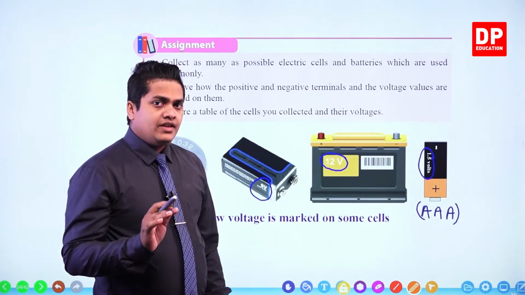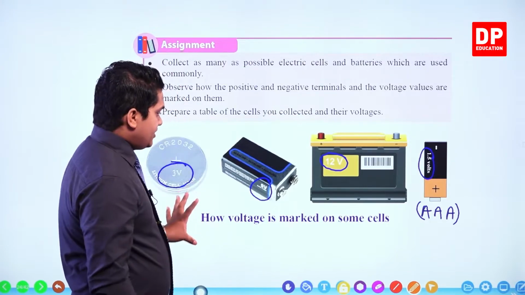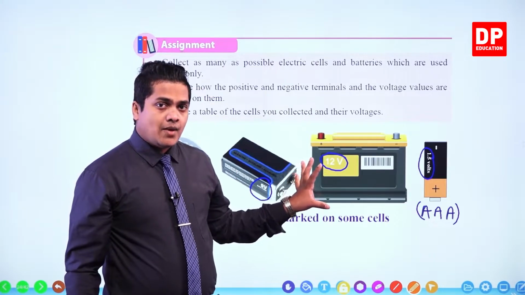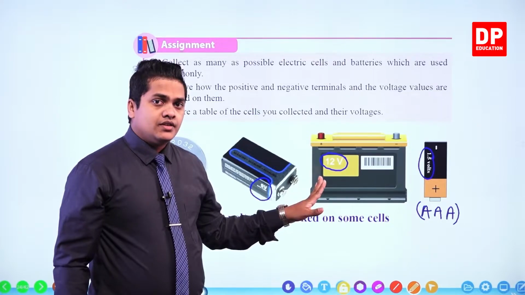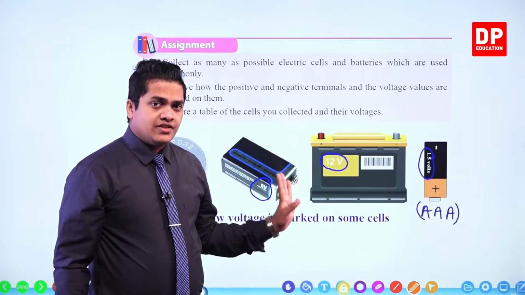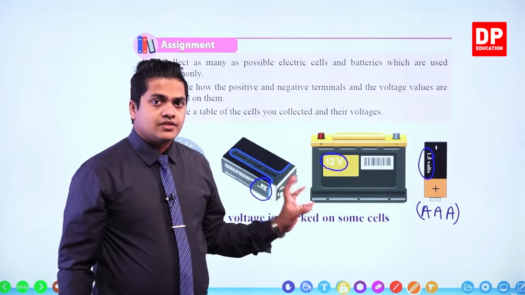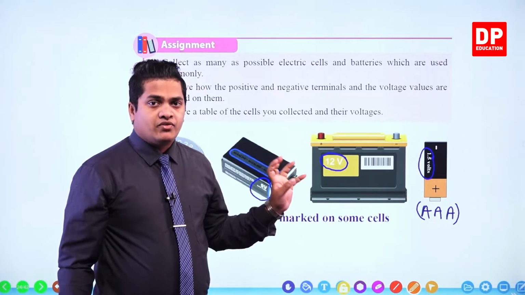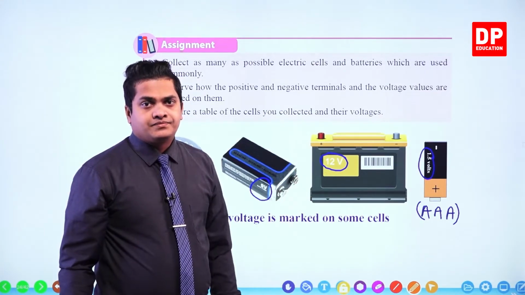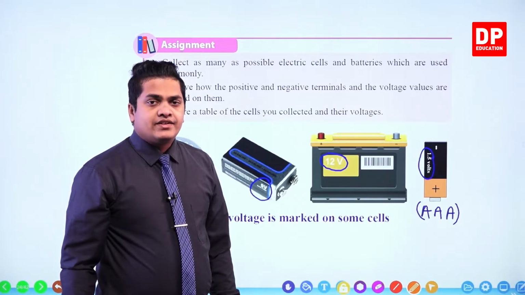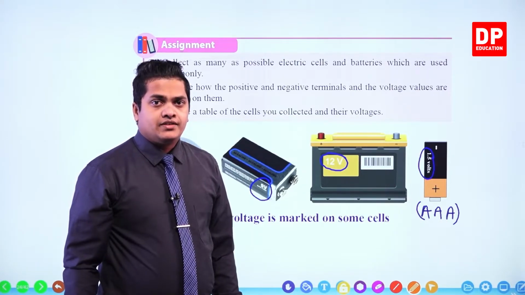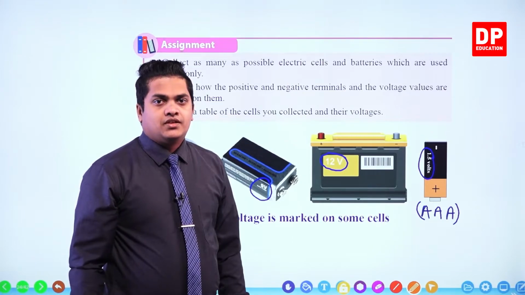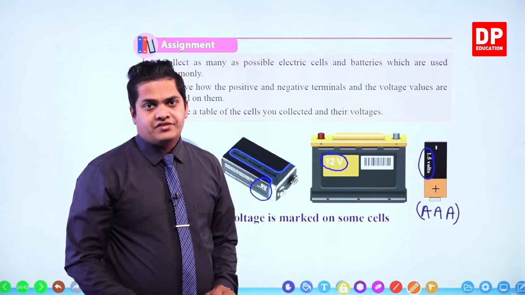In that way, capital V is printed to show the potential difference or the voltage in a certain type of electric cell, right? This V letter reflects the unit of it. It's the volts, the amount of volts, right? That's the unit that we use to measure the potential difference.